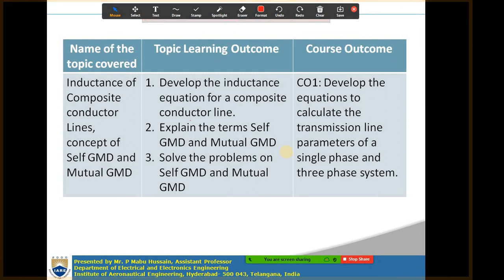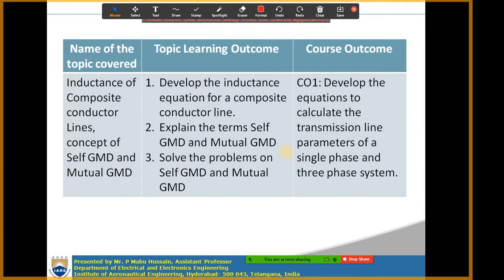The topic covered today is the inductance of composite conductor lines and the concept of self GMD and mutual GMD. The topic learning outcomes are developing the inductance equation for composite conductor line, explaining the terms self GMD and mutual GMD, and solving problems on self GMD and mutual GMD. The course outcome here is developing the equations to calculate the transmission line parameters of single phase and three phase systems.